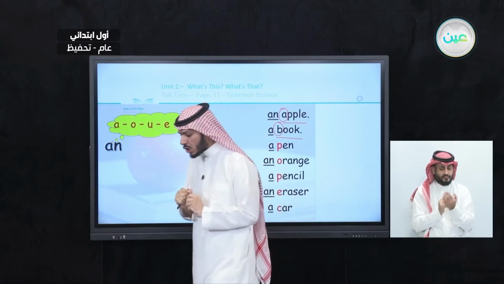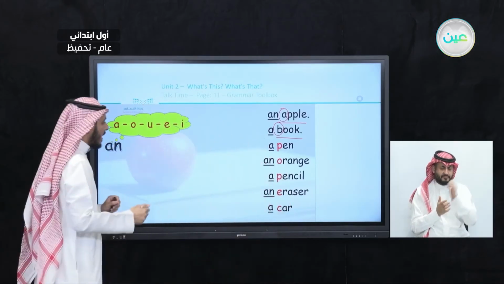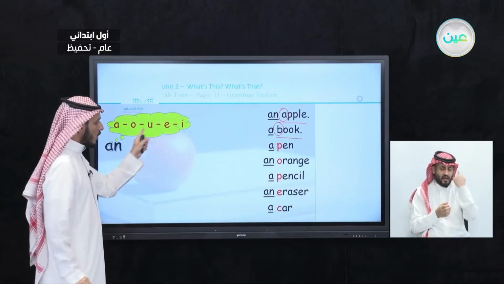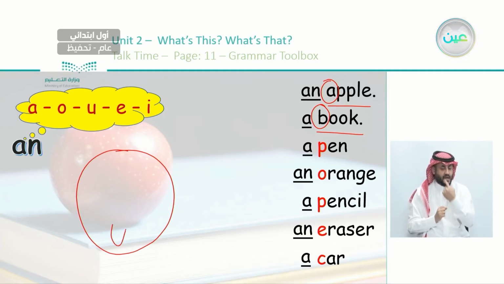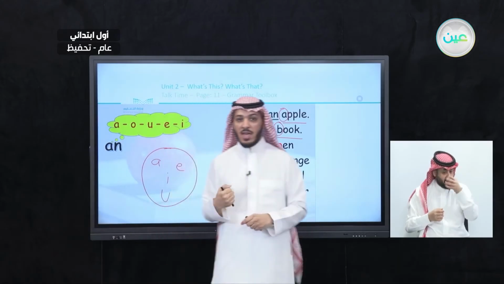Okay, to memorize it, let's make it simple for you. So we have 5 letters here. Let's draw something here. So we have O, and we have U. We have I. We have E. And we have A. So we have a face.